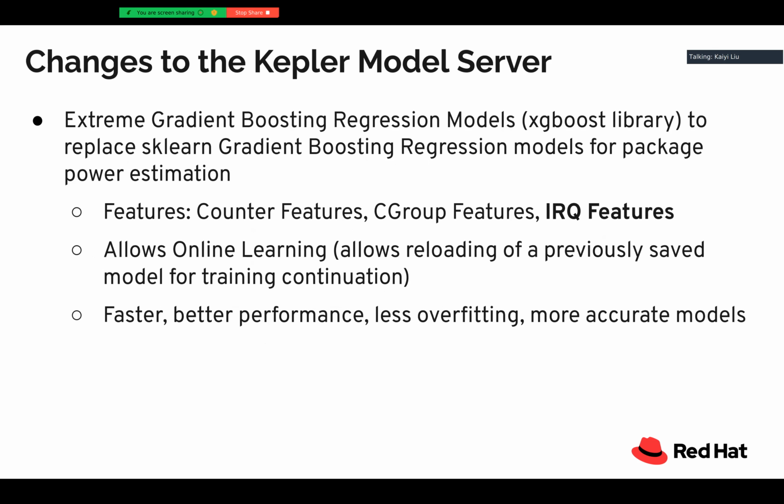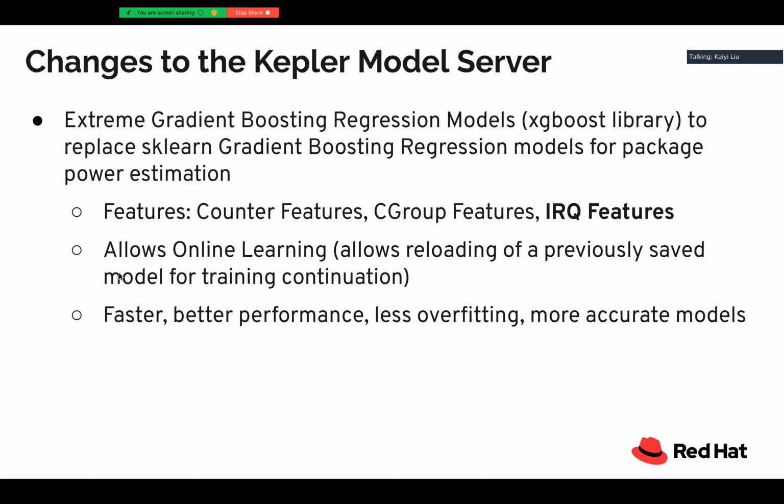So the ultimate change we made to the Kepler model server would be to introduce the extreme gradient boosting regression models, which is faster and has better performance. In general, it's less likely to overfit, and it produces more accurate models than scikit's gradient boosting regression models.